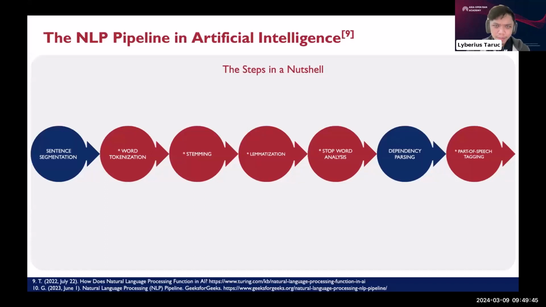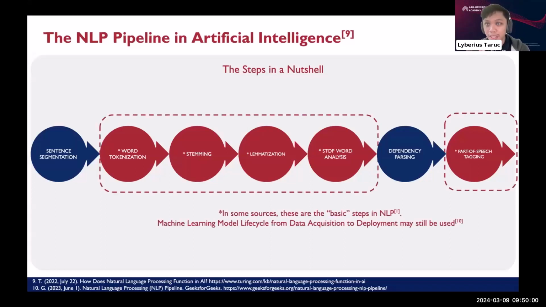Now, based on my research, I was able to find out that most of the pipelines currently being used, although here we have 7, only have 5 most important steps to take. This is not to say that the other 2 can be dismissed. It just says that most of the references that I was able to get refer to these 5 basic steps as the foundation of an NLP pipeline.